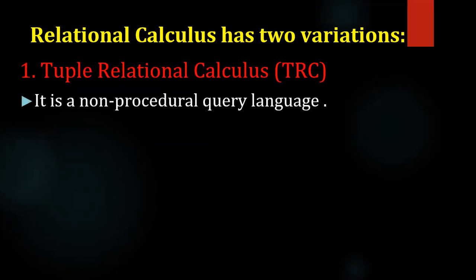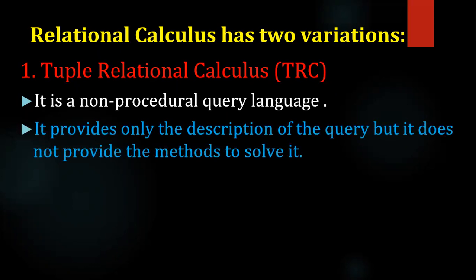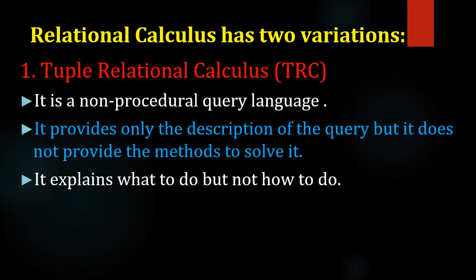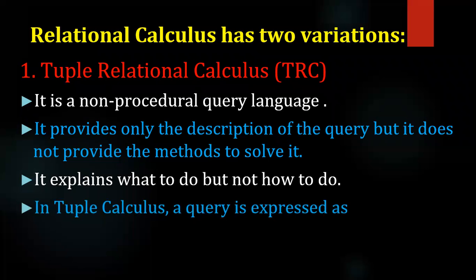Tuple relational calculus is a non-procedural query language. It just provides a description of the query, but it does not describe the different methods to solve it. It explains what to do, but not how to do it.